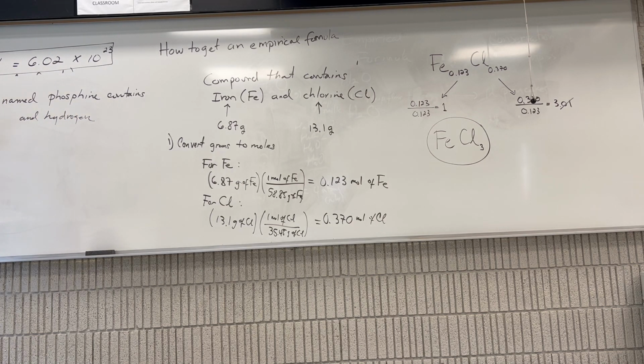And the analysis that the chemistry lab reported is that for every 0.456 grams of phosphorus, you get 0.440 grams of hydrogen.